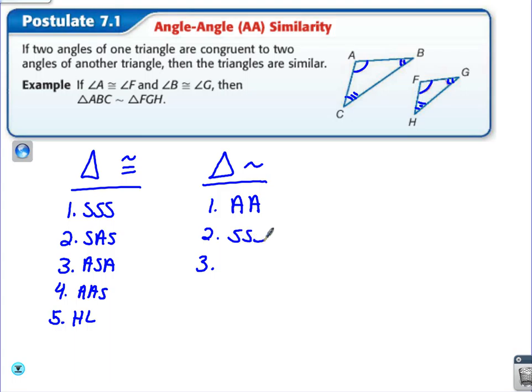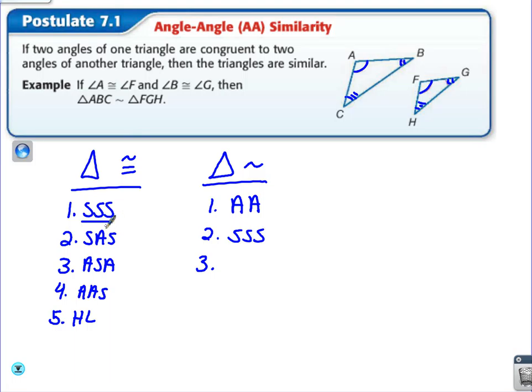The next method is side, side, side. And that seems somewhat confusing, because I thought we just used side, side, side to prove that two triangles were congruent. Yes. This is a different type of side, side, side.